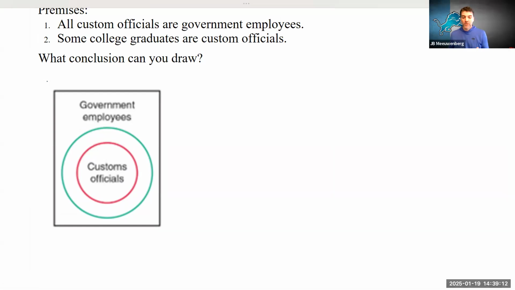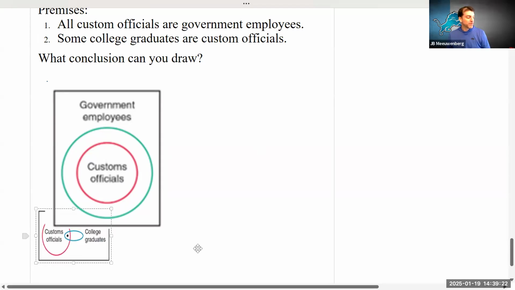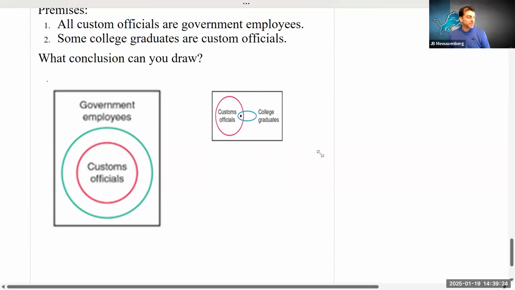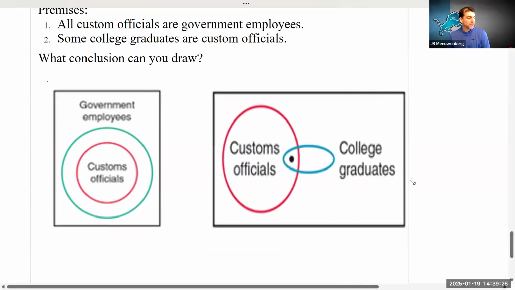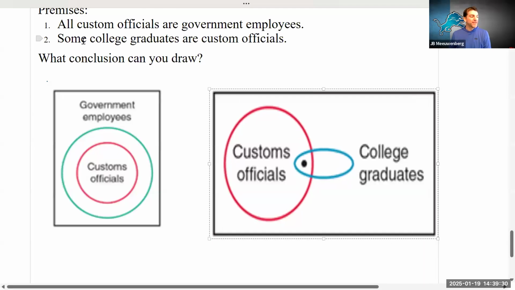Okay. The second premise, if we put it into a Venn diagram, might look something like this. We have customs officials, but it says some college graduates are customs officials. It doesn't say all college graduates, right?